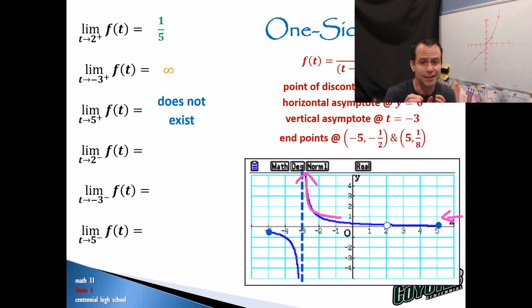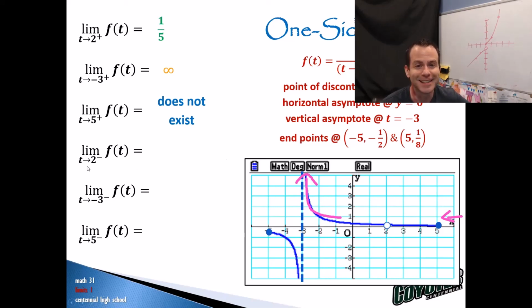That's why we say it doesn't exist there. Some of you are yelling at me at the moment and you're saying, yeah, but at 5, I exist. Yes, but to the right of 5, I don't exist because I've only gone to 5. And so I can't approach from the right because I don't exist from the right. In order to approach, you have to be riding along the function, okay? Okay, that was my little limit lecture.